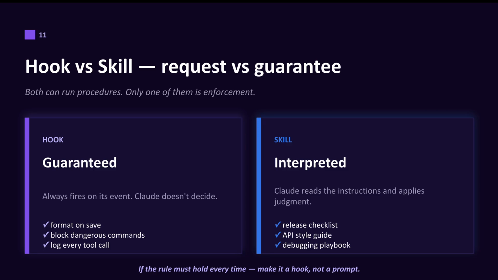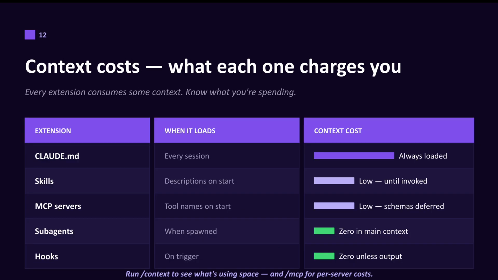Next we will talk about context cost and which are the expensive procedures. One thing nobody talks about, every extension you add costs you context, some more, some less. Claude.md is always loaded, every request, every time. That's why you keep it under 200 lines. Skills are low cost, only the description loads at session start, full content only when used.